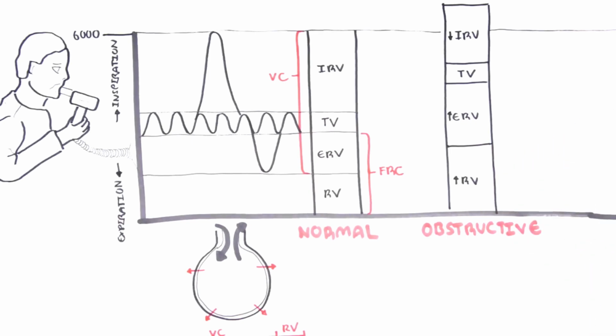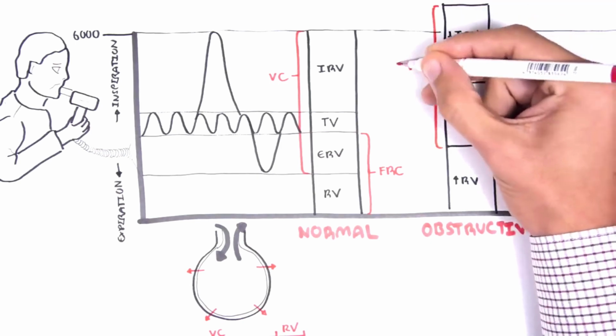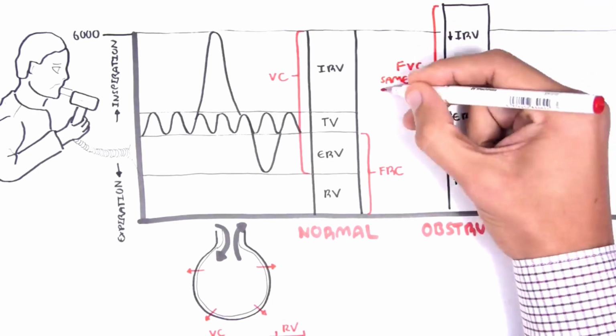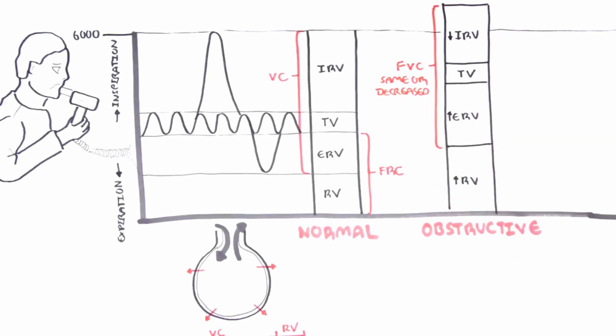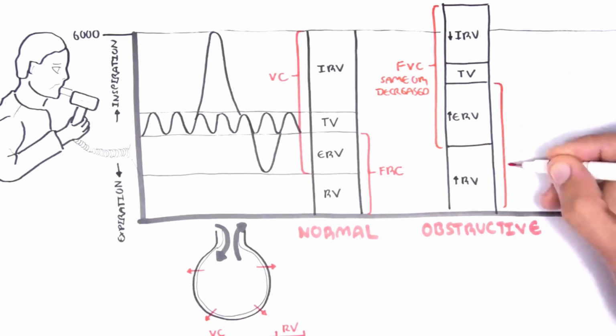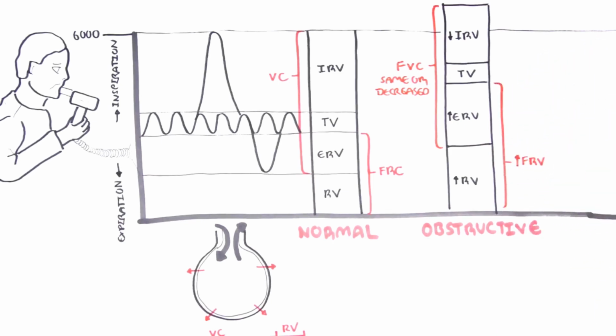Thus, if we were to calculate the lung capacities, the vital capacity, or also we can straight away say the forced vital capacity, is the same or maybe decreased. The functional residual capacity is increased, and the total lung capacity, as mentioned, altogether increases.